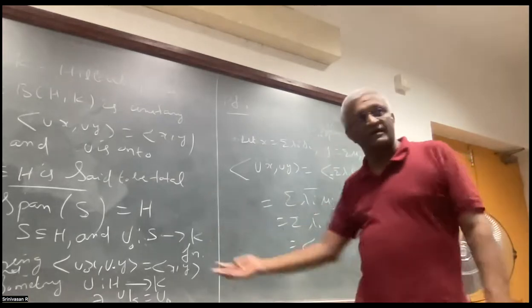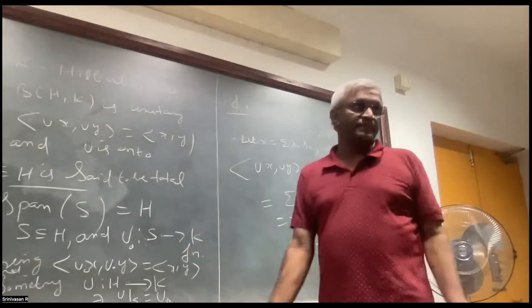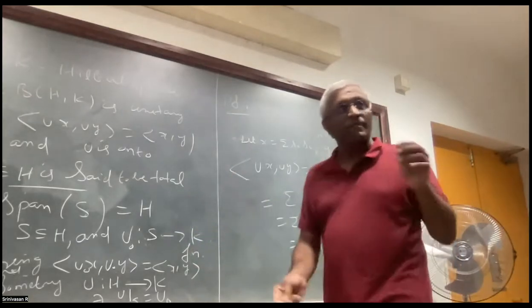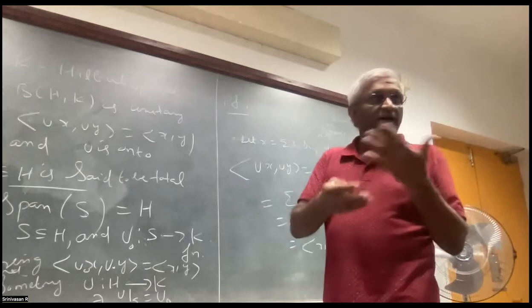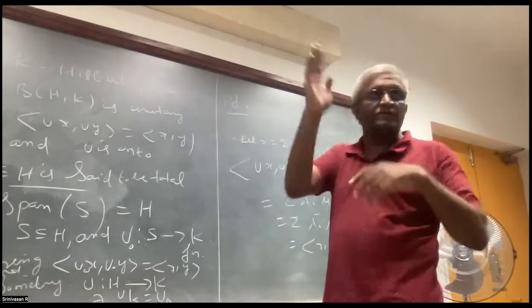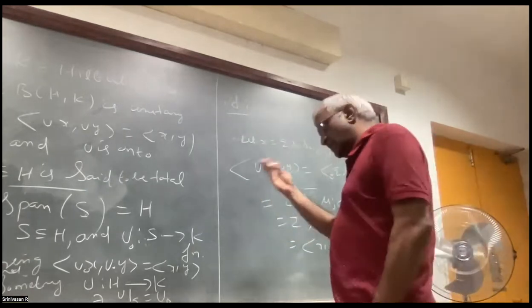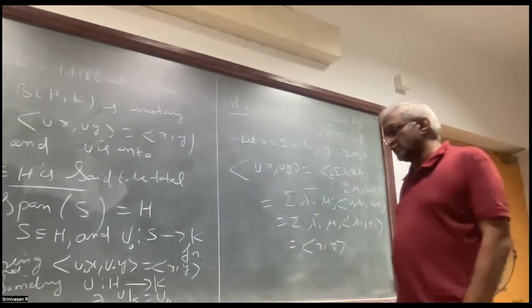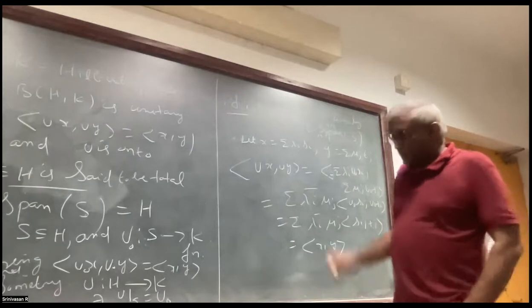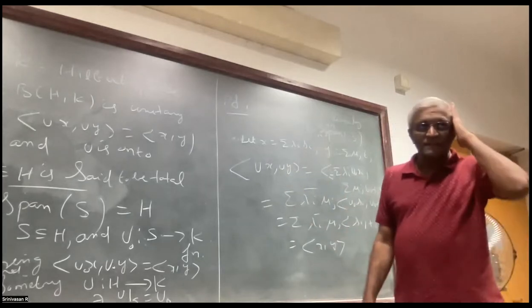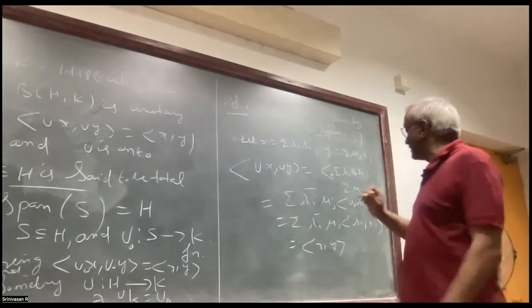So it need not even be bounded. It may be preserving the norm, but you may not even be able to extend it in a bounded way to the whole space. So only when it preserves the inner product can you extend it to an isometry.